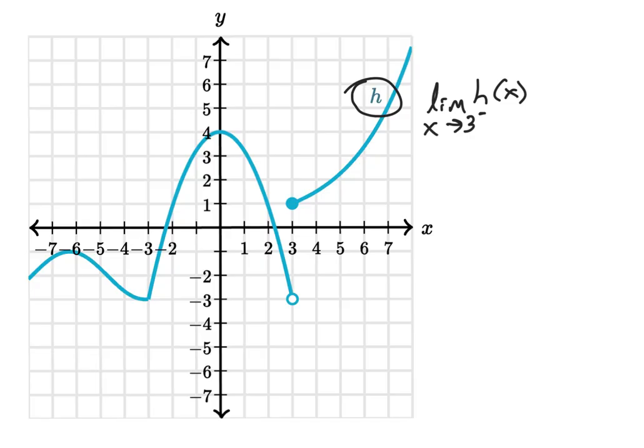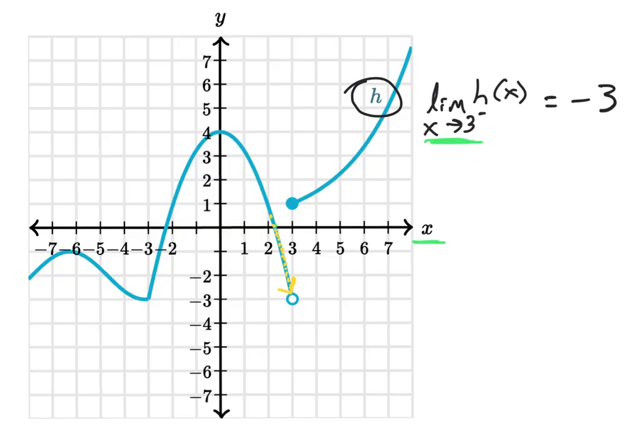And remember, if you look right here, this says x approaches 3 from the left side. So we're dealing with x values, right? Here are the x values all across the x-axis. And we are getting closer and closer to x equals 3. So here I go, closer and closer to x equals 3. And the answer to our limit is going to be a y value or an output value. And in this case, it seems like it's going down towards negative 3. And so our answer will be negative 3.